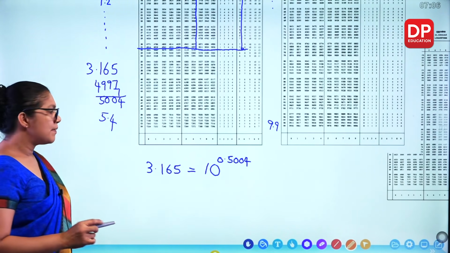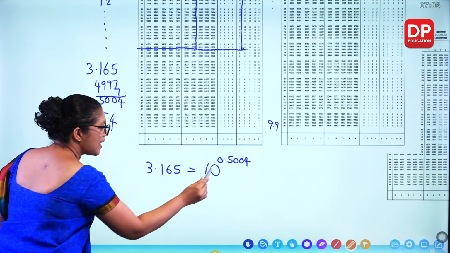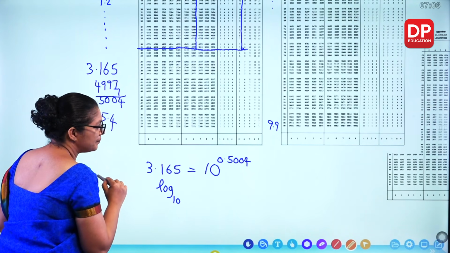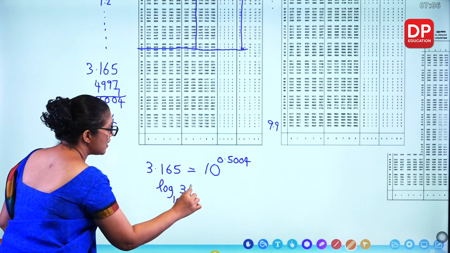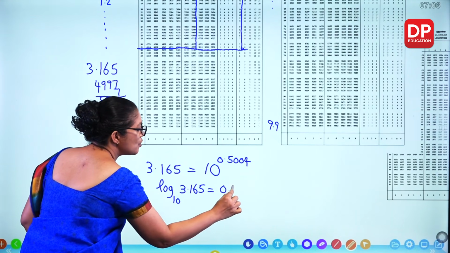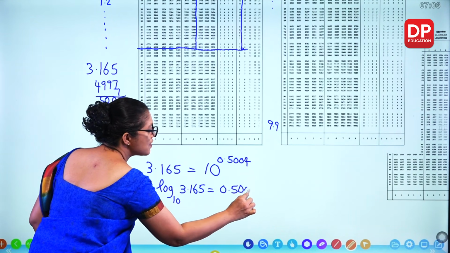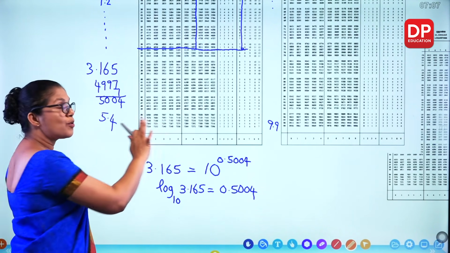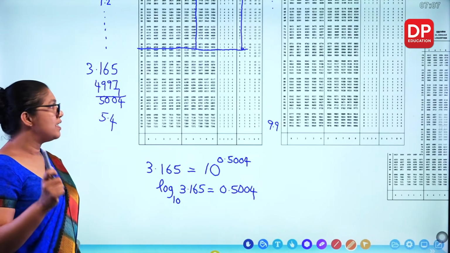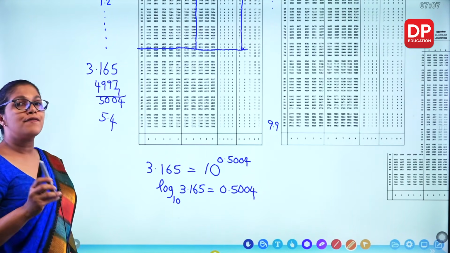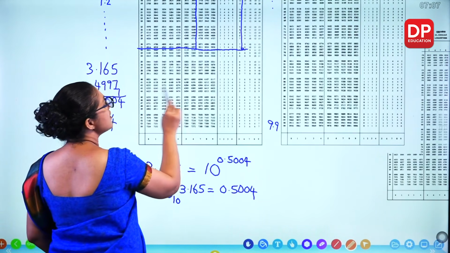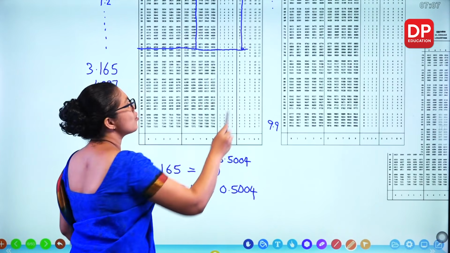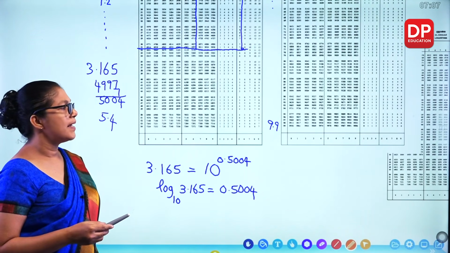So that's the logarithmic value for this number. Then, converting to log notation, log base 10 of the number is equal to 0.5004. So this is how we can refer to the tables. There are no decimals in the table, but you need to know the first column represents the first decimal place, the second and third columns represent the second decimal place, and the other two columns represent the third decimal place.